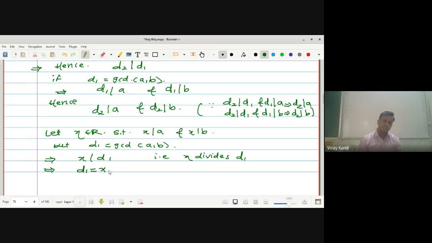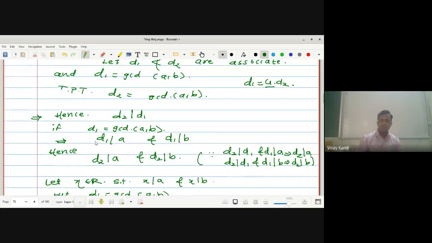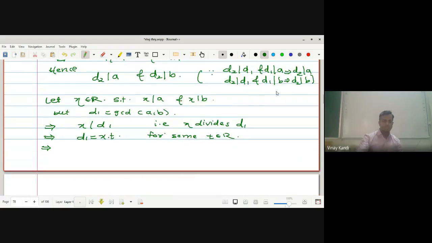Okay, which implies, what is the meaning of this sentence? D1 is equal to X into T for some T belongs to R. Okay, but what is the value of D1? U into D2. Why? Because D1 and D2 are associates. So here we write the value of D1 is U into D2, which is equal to X into T. But what is the U? Is a unit element.